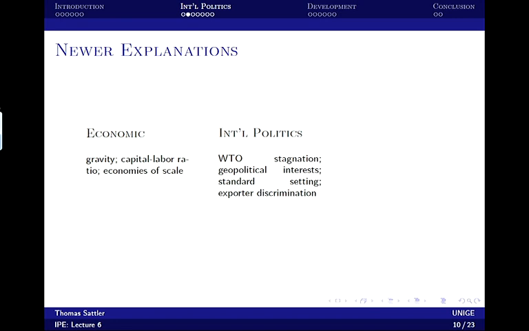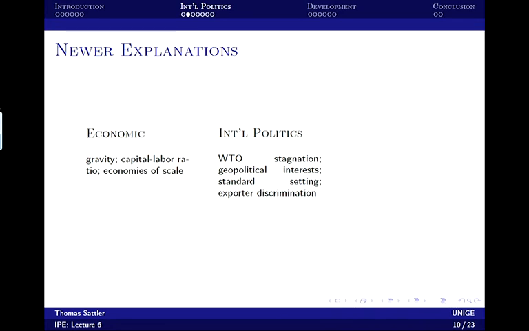So an international political factor is the stagnation of the WTO. We haven't talked much about how the WTO actually has stagnated since the mid-1990s. Much of it is driven by geopolitical interests and the desire to be the country that sets the standards in the international economy.